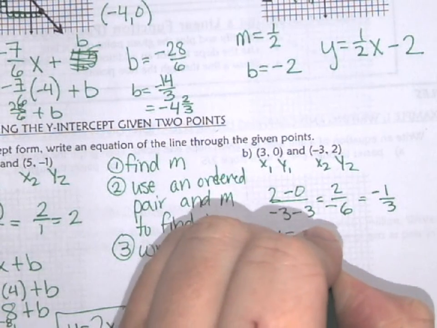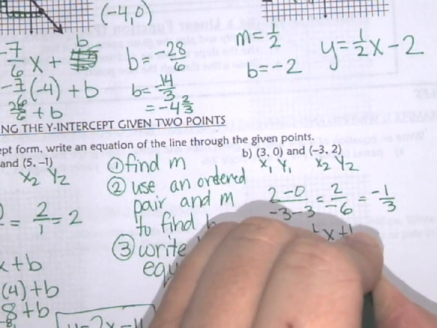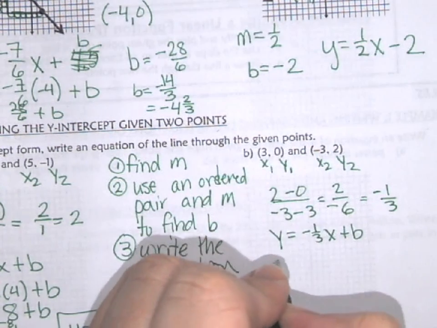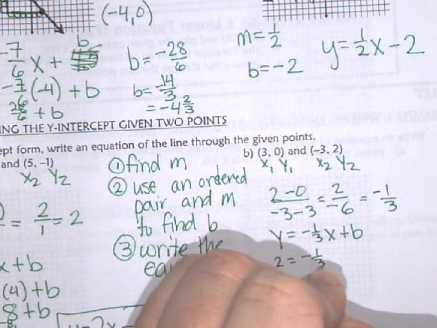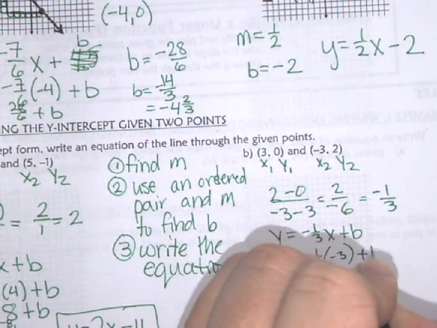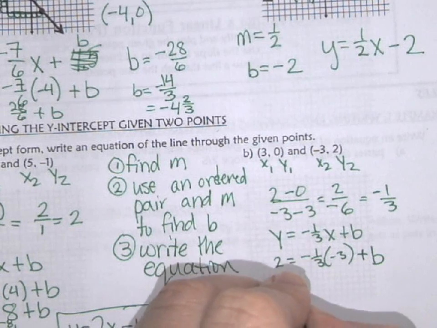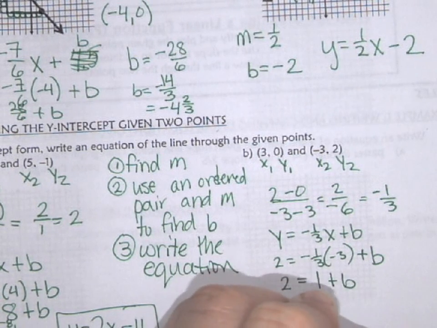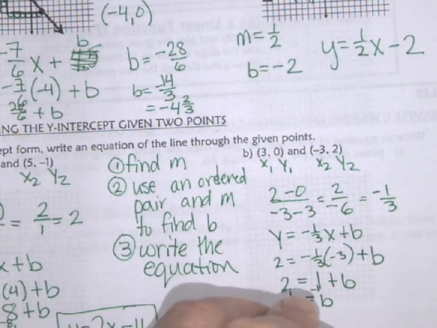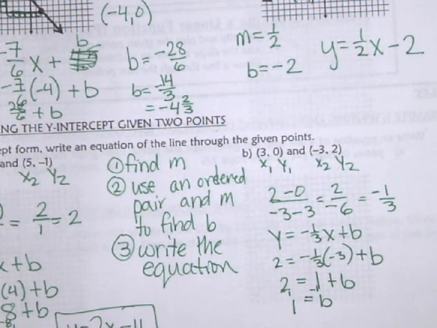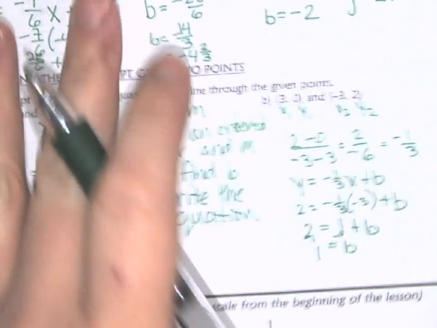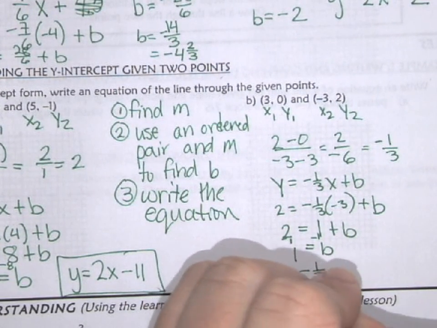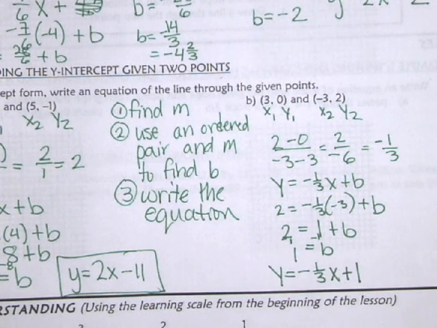So y equals -1/3 x plus b. I said I would use the second point this time, so 2 equals -1/3 times -3 plus b. 2 equals 1 plus b. Subtract the 1. b equals 1. So my final answer here is y equals -1/3 x plus 1.